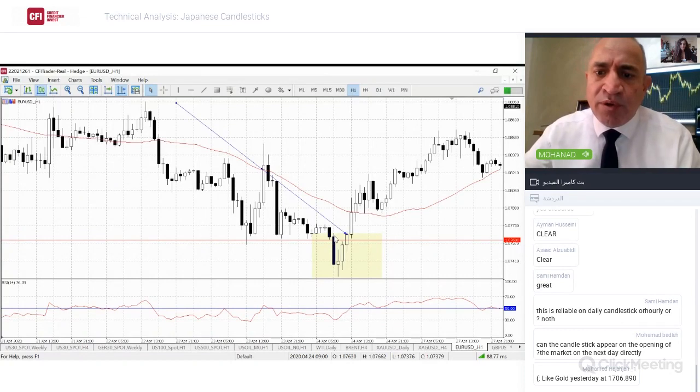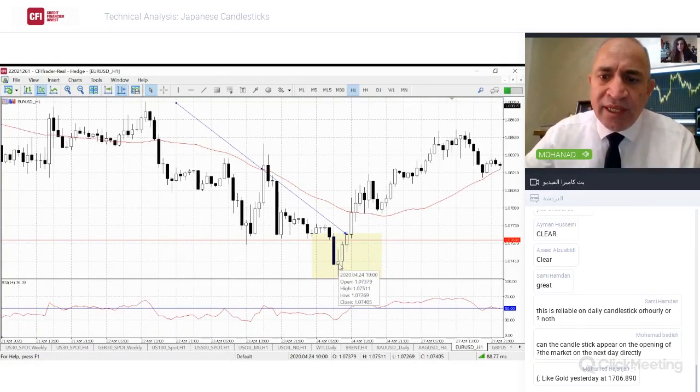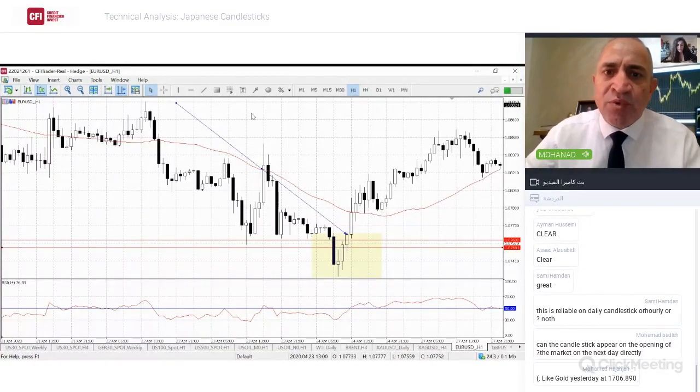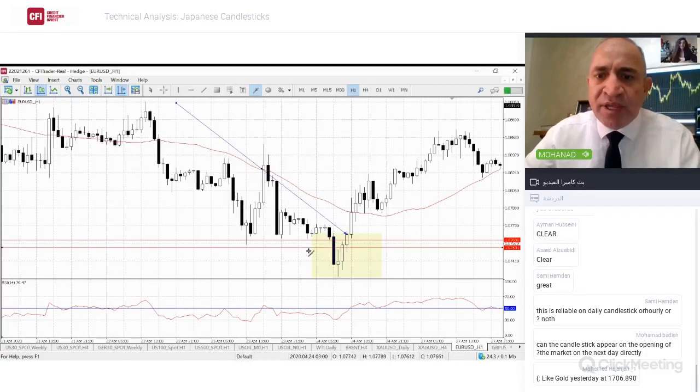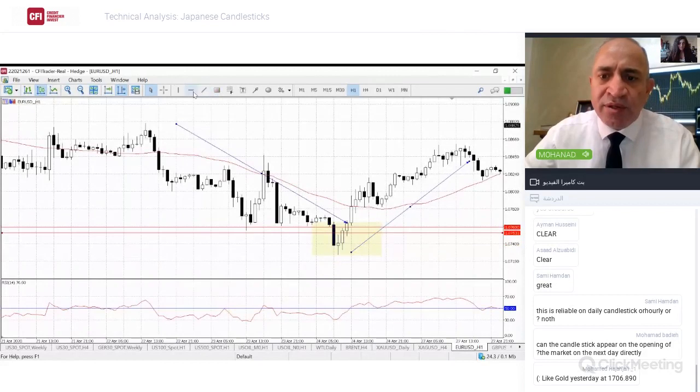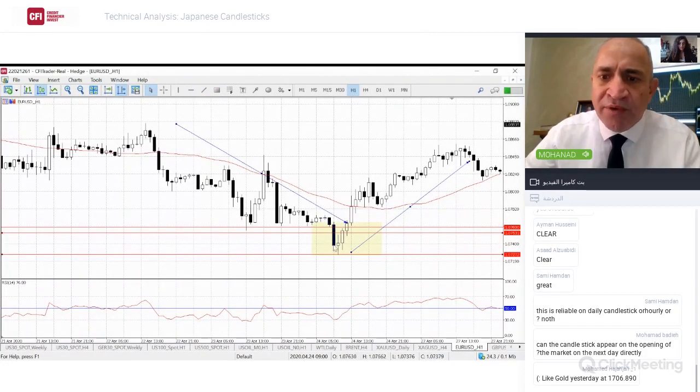The first one is a tall black candlestick, followed by a small real body candlestick, and the pattern ends with a white candlestick. It covers at least 50% of the height of the black candlestick. This is called the morning star. I expect the price will change its direction from the downtrend to the uptrend with a stop loss at the end of the pattern. This will be my stop loss for the morning star pattern.